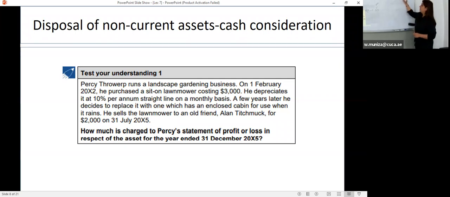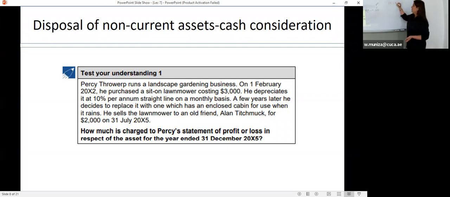275. So carrying value, how much will it be? 3000 minus 275, 2725. Now, carrying value at 31st December 2003. In 2003, a full year of depreciation is going to be charged.